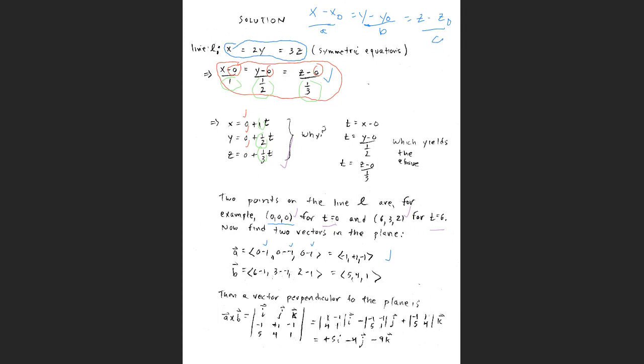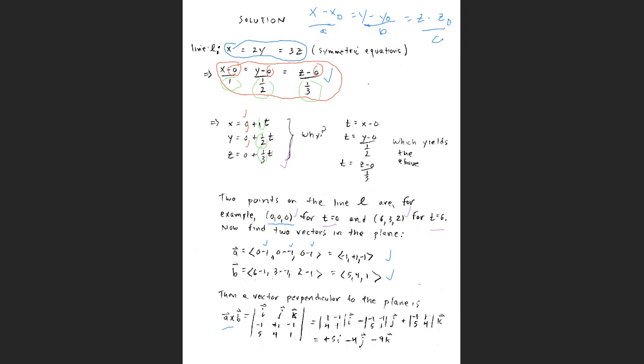Similarly for vector B, I take the terminal point (6, 3, 2), the second point on the line, and subtract the initial point, and I get (5, 4, 1). That's the easiest way to do it.